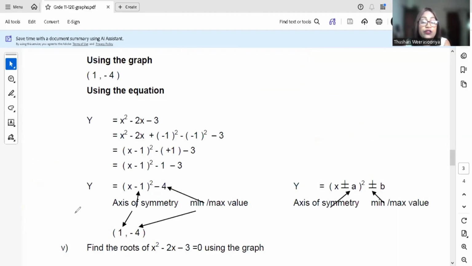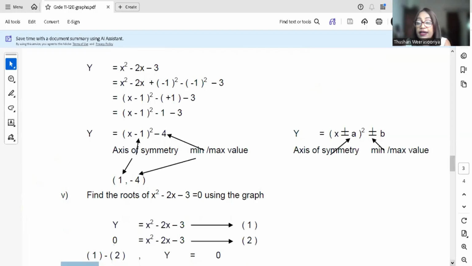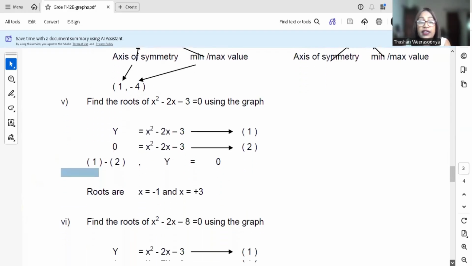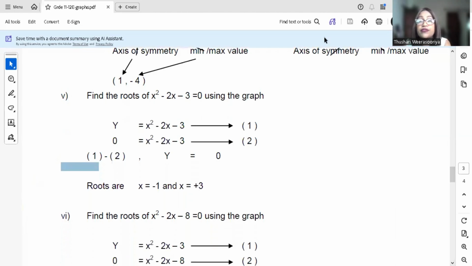Next one, find the roots. That's a very famous question. Roots means the solution. How do you find the solution of this? By using the equation, this is a quadratic equation: x squared minus 2x minus 3 equals 0. You factorize. X squared minus 3x plus x minus 3 equals 0.